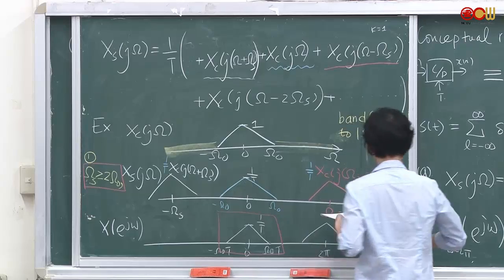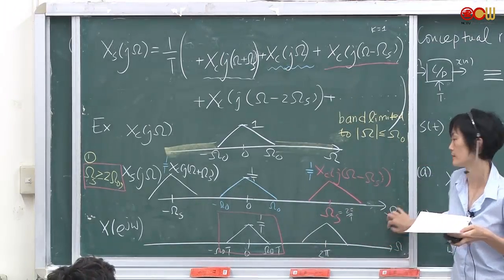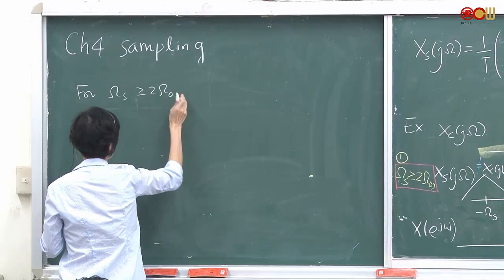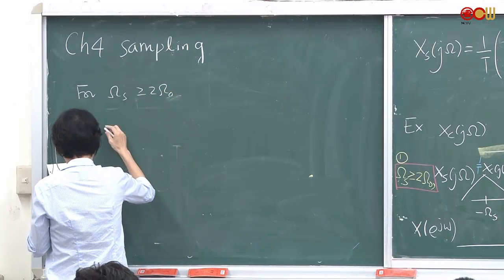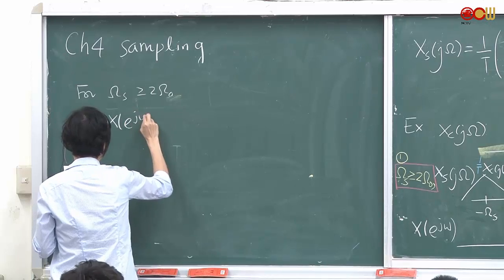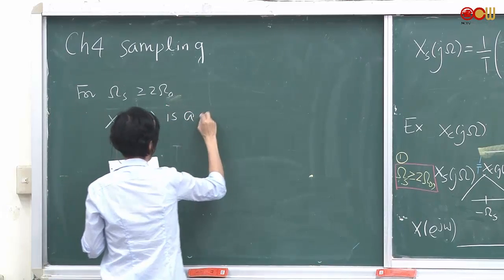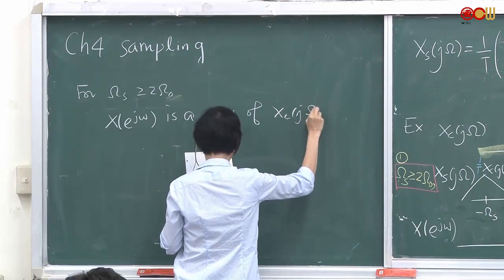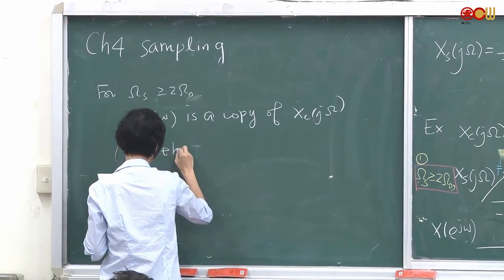And let me write down what I just said here. For omega s larger or equal to 2 omega 0, X(e^j omega) is a copy of Xc(j omega), albeit with the frequency scaling.